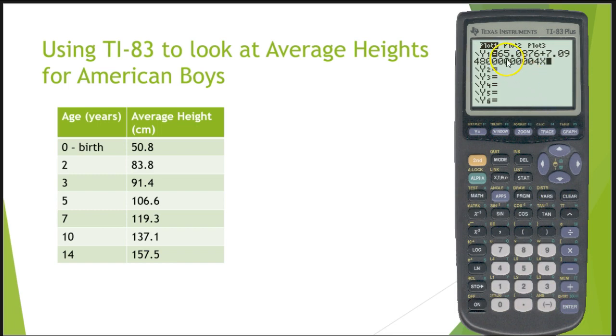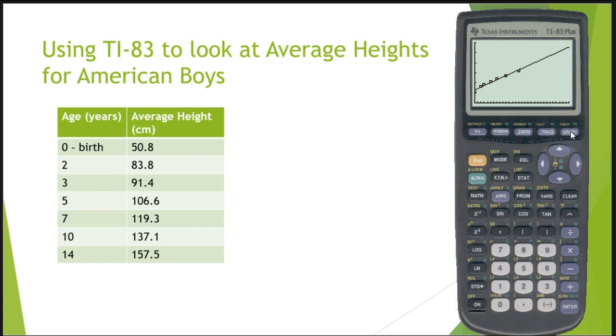And what that's done is pulled the equation that we calculated earlier into there. And then when we hit the graph button, there you go. So now the line is going through, and I can see this is the regression line, or the line of best fit, or the least squares line.